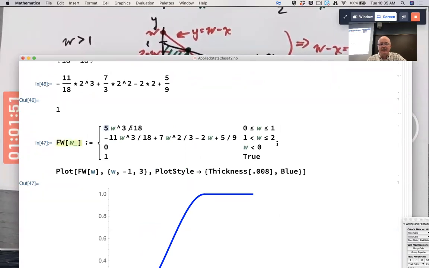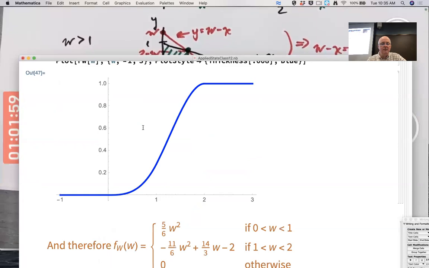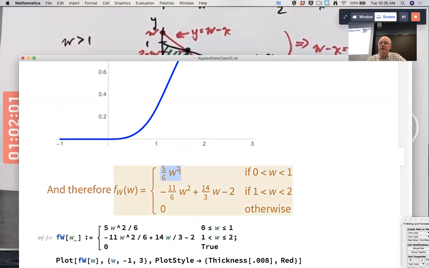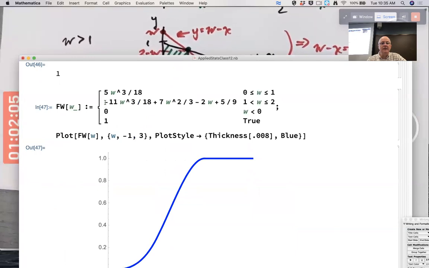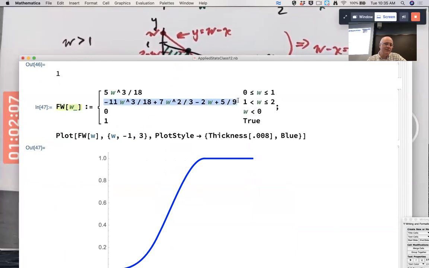So if you differentiate this thing with respect to W, bring down the 3, 15/18 is the same as 5/6 W squared. Differentiate this one, you'll get negative 11/6 W squared plus 14/3 W minus 2, it looks like.